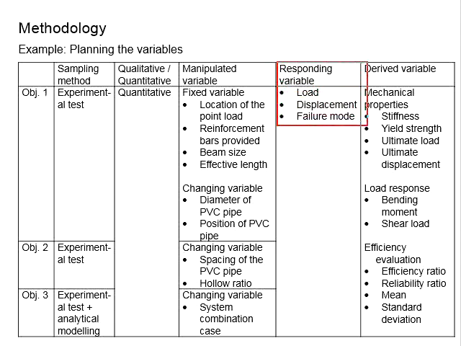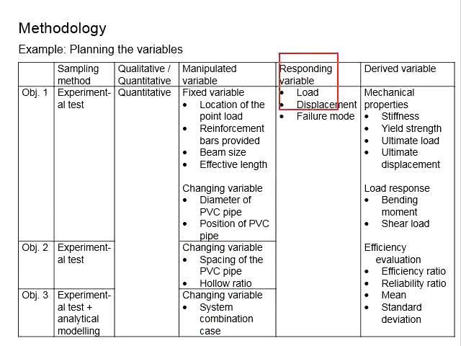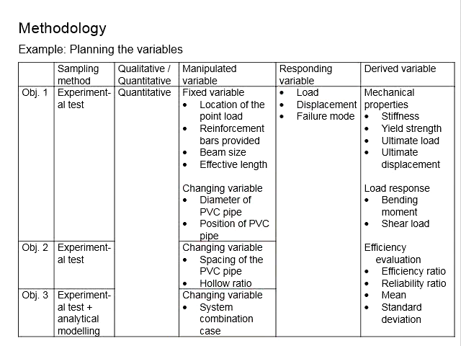These responding variables are actually responding to the manipulated variables. If you change any of the variables here, your responding variable shall change as well. Therefore, technically, the responding variable is actually governed by the changing variables.